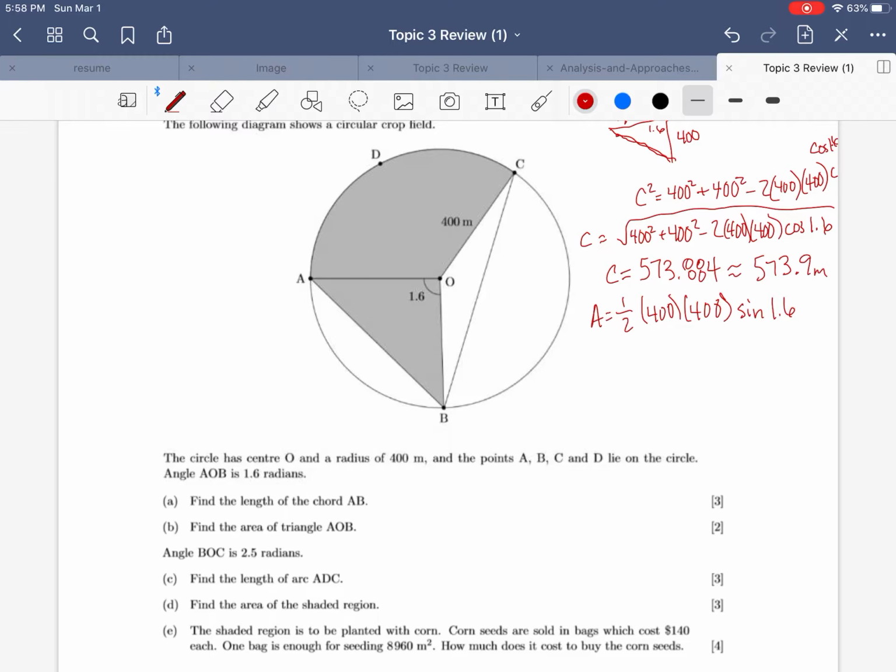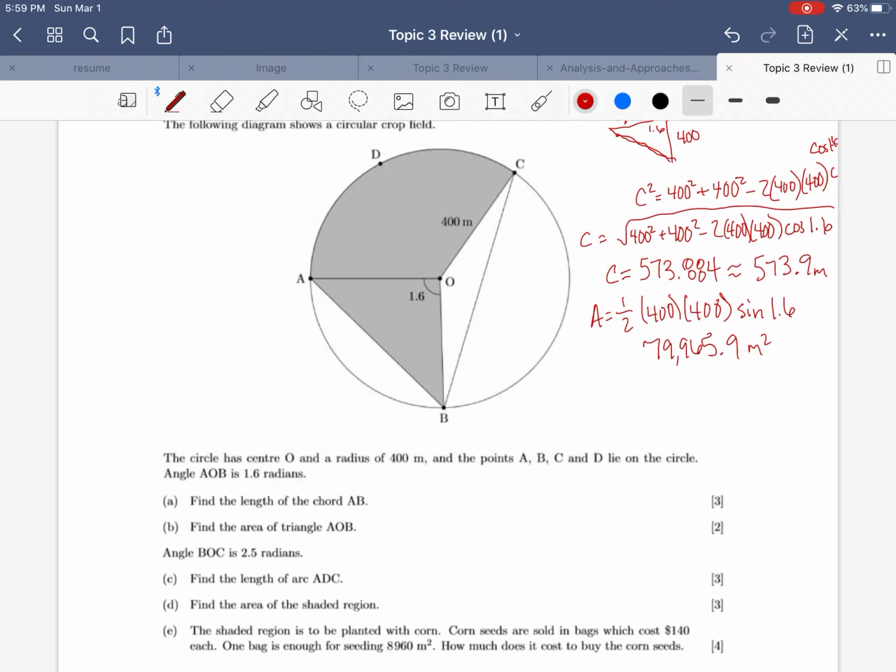Alrighty. So 1/2 times 400 times 400 times sine of 1.6 is 79,965.9. And that's going to be meters squared.